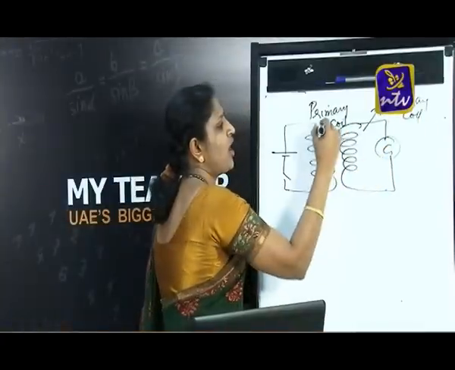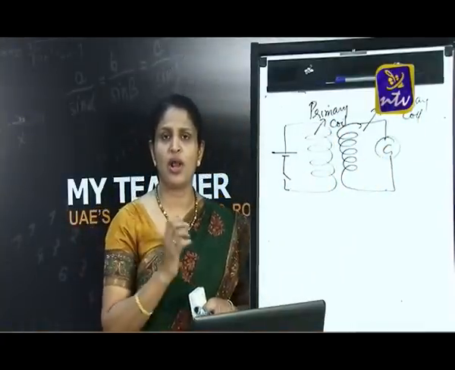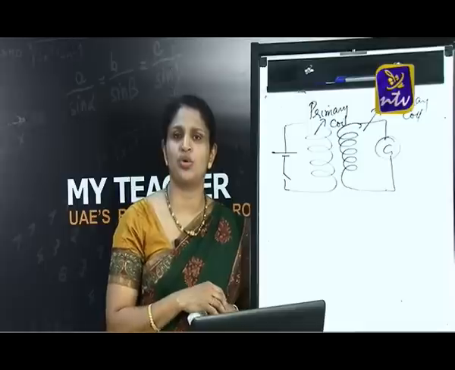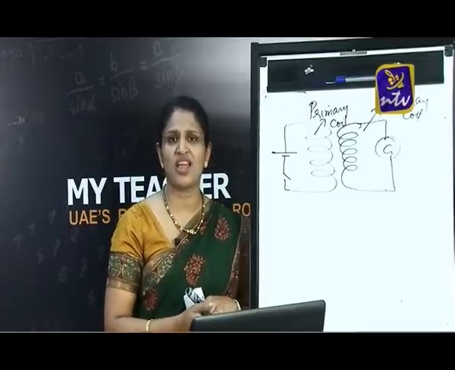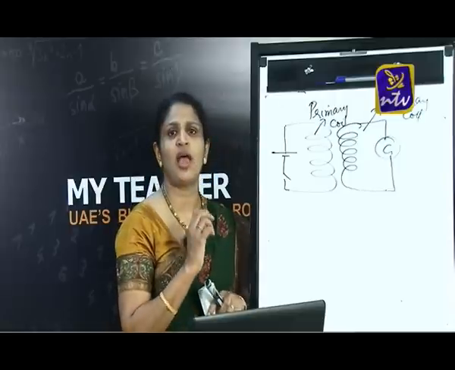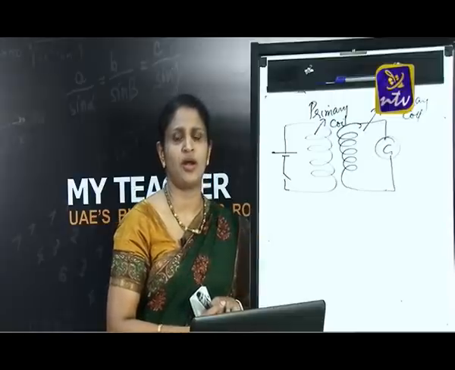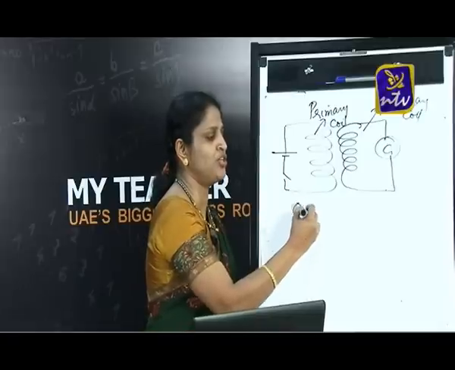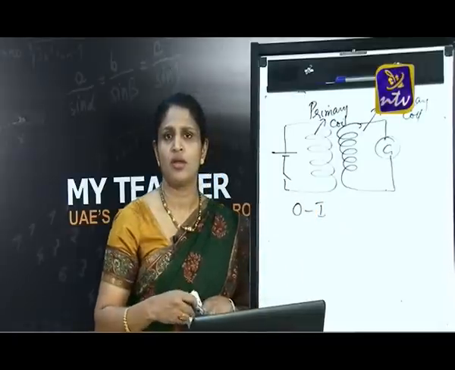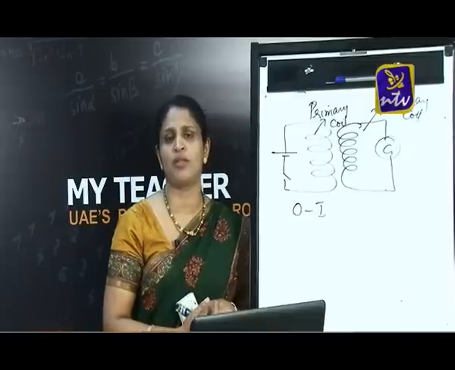So you have now kept two coils side by side. The primary coil is connected to a source via a key, while the secondary coil is connected to the galvanometer. When you press the key, close the key in the first one, the current grows from 0 to I, from the zero value to the maximum value.